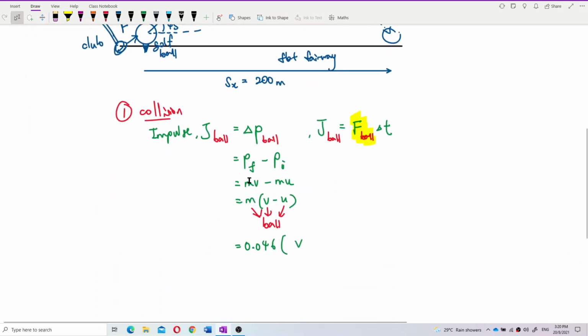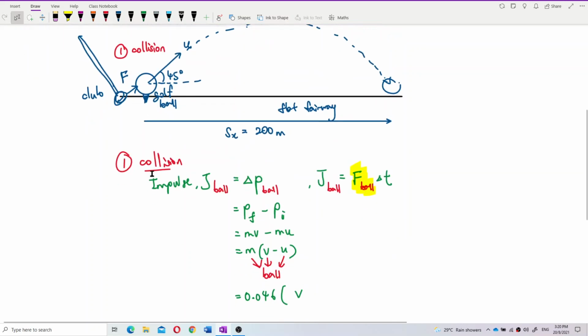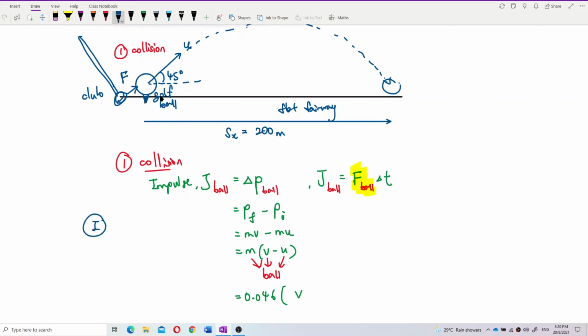Let's look at what is actually happening during the collision, the first process.